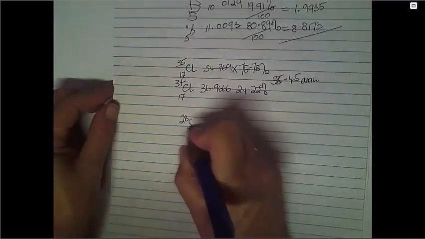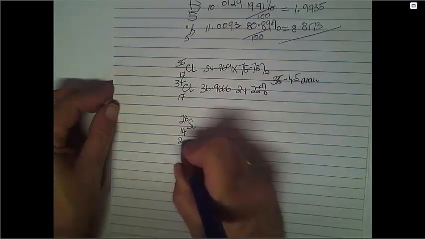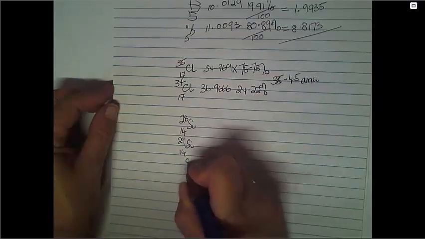Let's look at an element that has 3 isotopes. Silicon. Atomic number 14, we get silicon 28, 29, and 30.